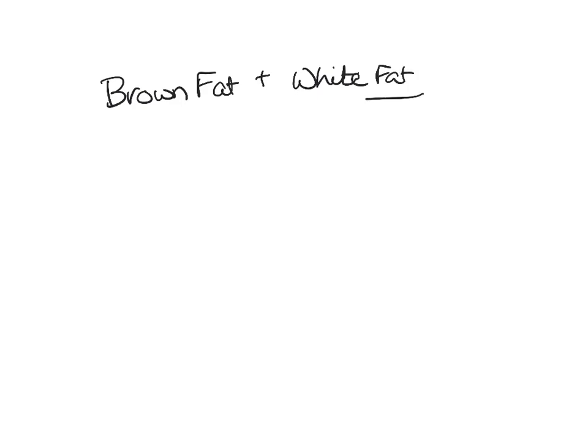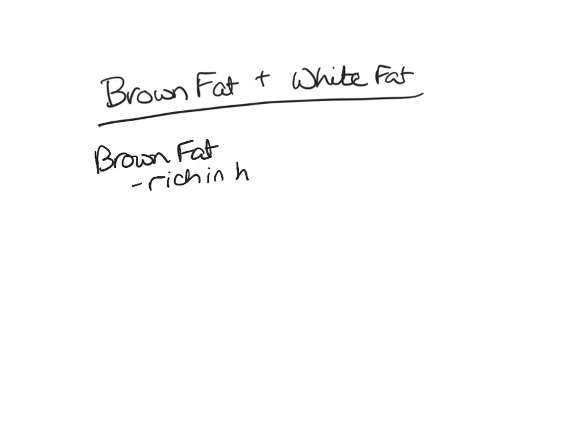So now I just want to discuss two different types of fat that you have in your body. There's brown fat and there's white fat. We'll look at brown fat first. Brown fat is rich in heme, right? And heme is part of red blood cells.